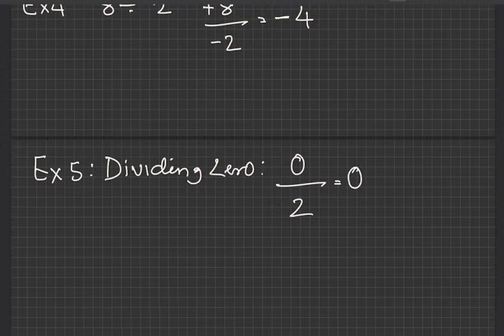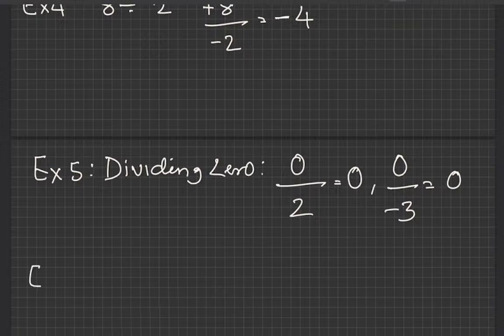It's neither positive nor negative. So it doesn't matter whether my divisor is a negative one or a positive one. Whether it is 0 divided by negative 3, it will still give me 0, because the sign of the divisor doesn't matter when we are dividing 0.